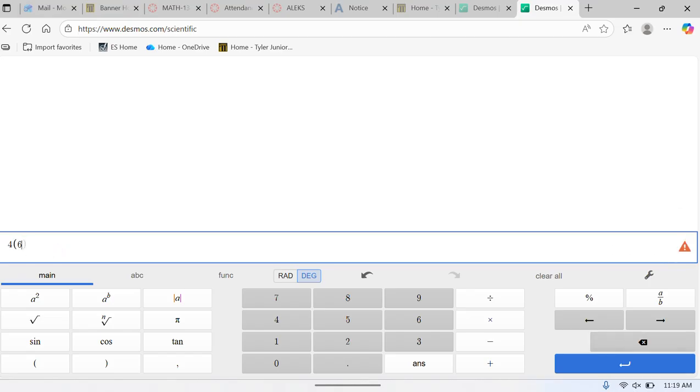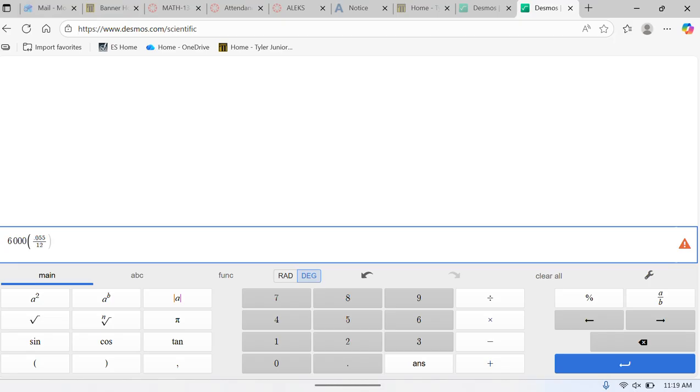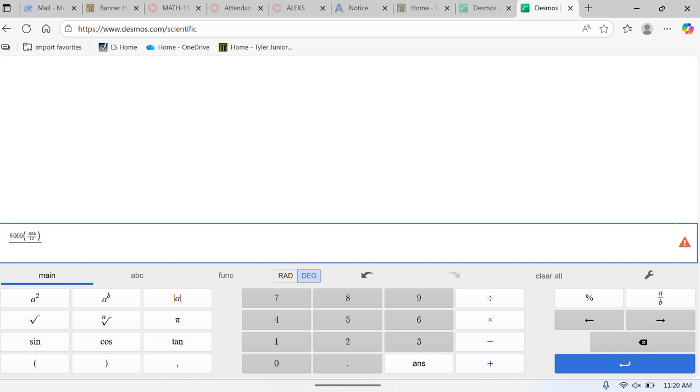You got an overflow error? Okay, so I've got 6,000 times 0.055 divided by 12. And then all of that divided by, yep, we got that in there.